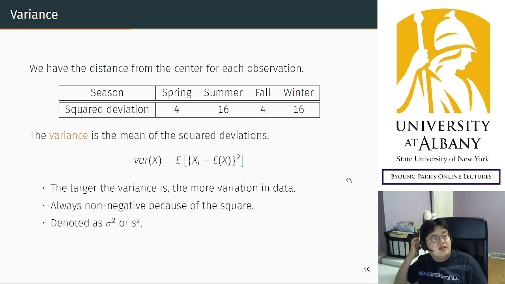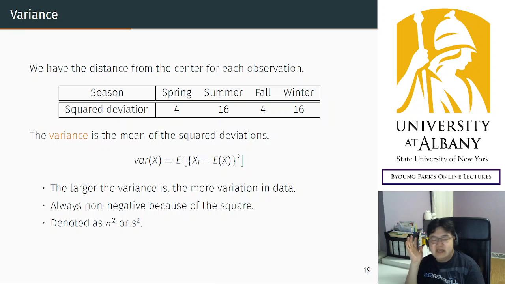Now you may calculate the mean of this transformed random variable. It has four observations, so you can calculate its mean, and that is the variance. The variance is the mean of the squared deviations.